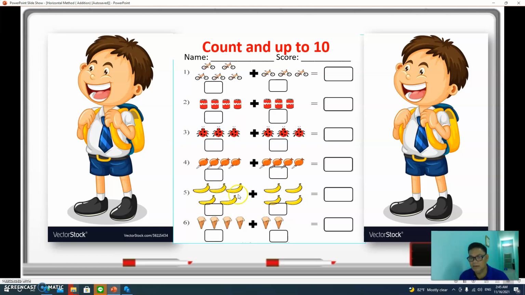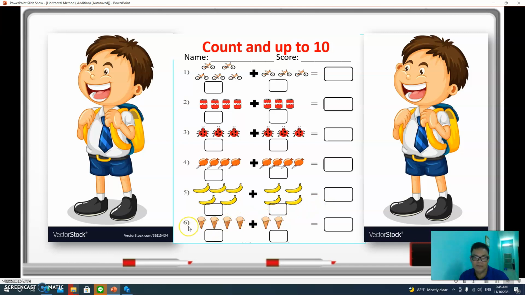So 5 plus 4 equals 9. We're going to write 5 plus 4 equals 9. How many bananas are there? There are 9 bananas.